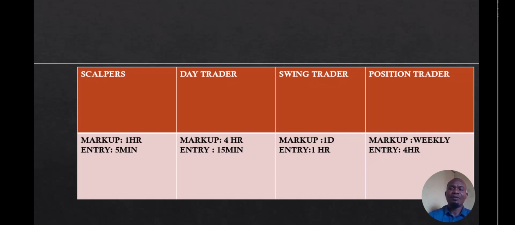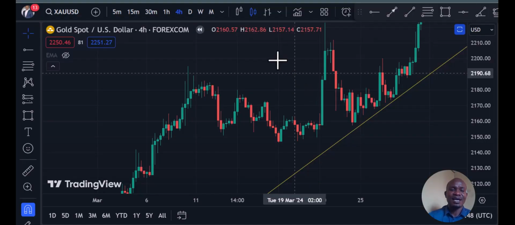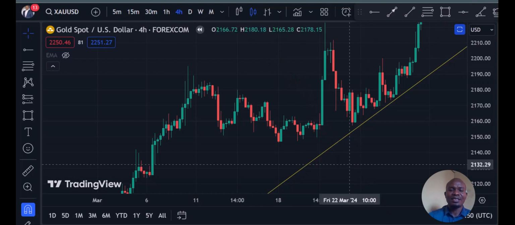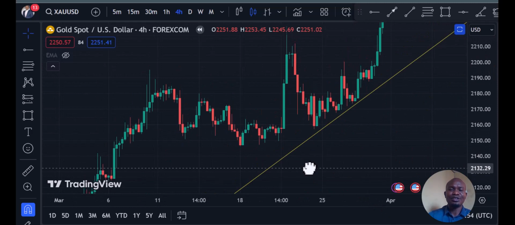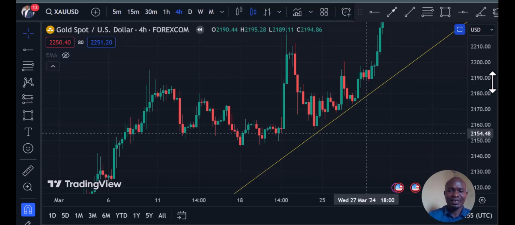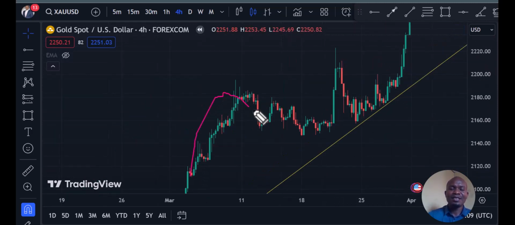Now, the most important thing for us to understand before we delve into it is this: every chart is a visual representation of all the market participants. We can see that the market moves up, it moves down, it moves up, it moves down. All these movements are interpreted using behaviors, and wherever humans are involved, patterns can be seen.